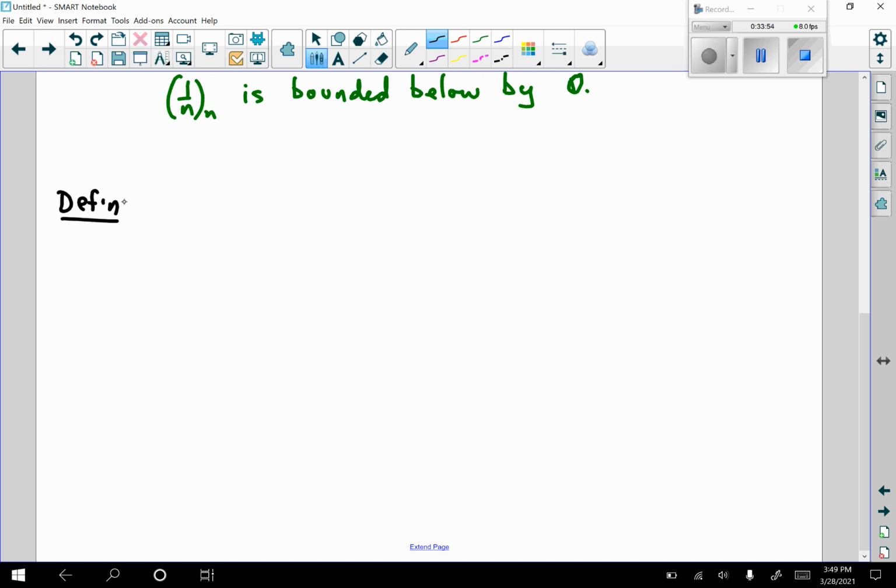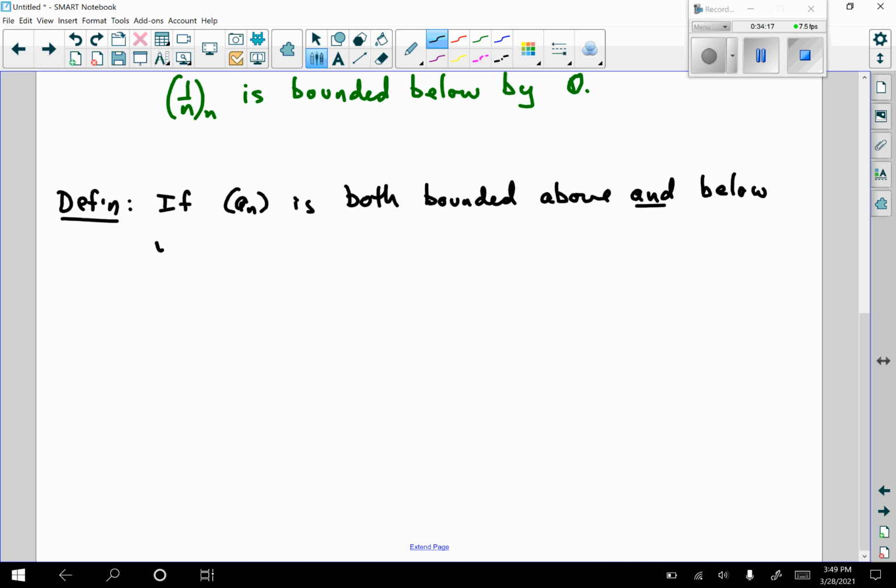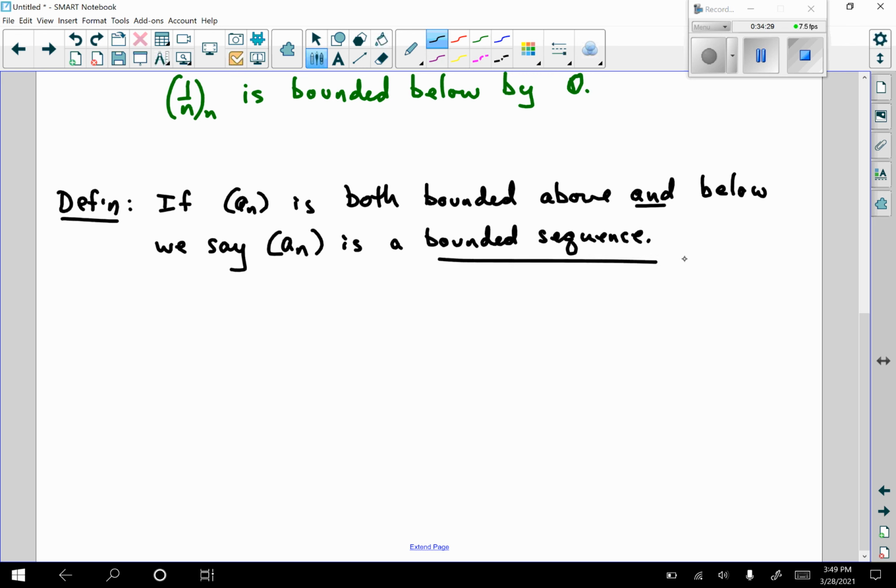So if a sequence is bounded above and below, then we can call this a bounded sequence. And then just one more theorem to take a look at.